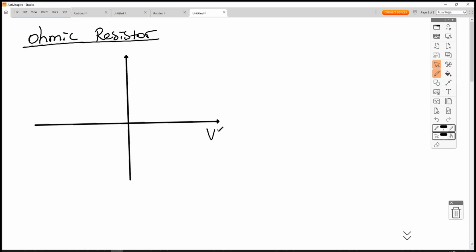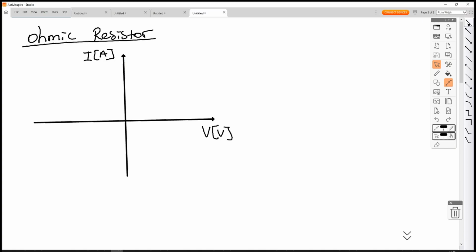So if we plot potential difference and current for an ohmic resistor, we will obtain a straight line which looks like that.